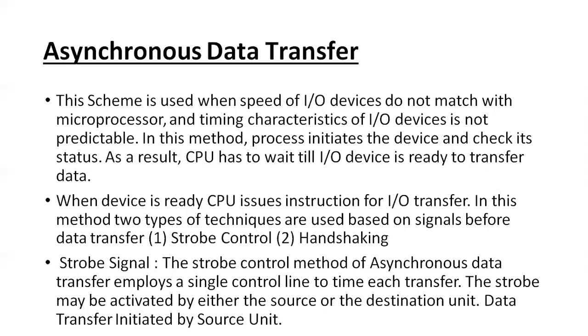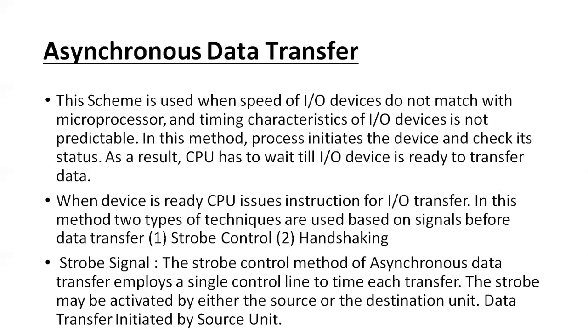In this method of data transfer, the process initiates the device and checks its status. As a result, the CPU has to wait until the I/O device is ready to transfer the data.